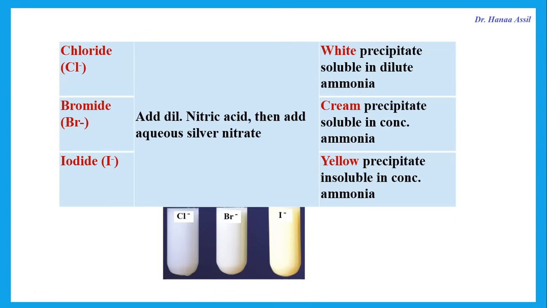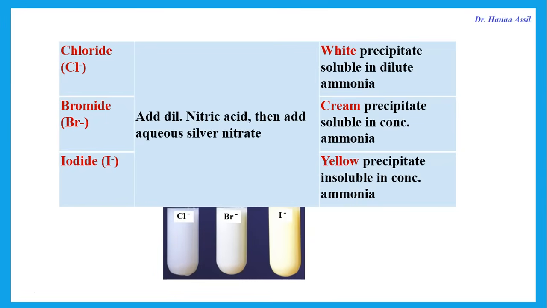So we need to do a further test. You should, in that case, try to dissolve the precipitate in dilute ammonia. If the precipitate dissolves in dilute ammonia, then it was due to chloride. If it did not dissolve in dilute ammonia, it could be bromide or iodide.